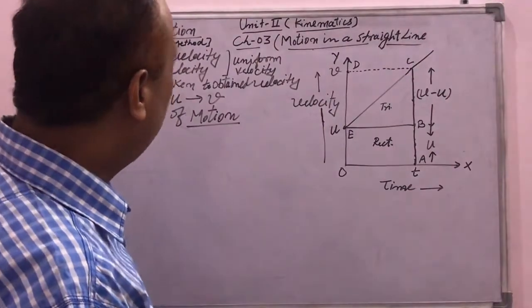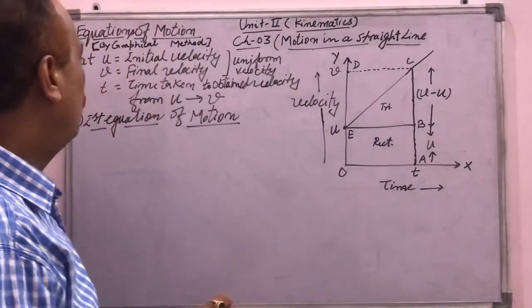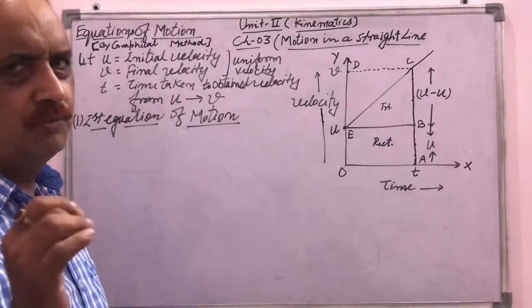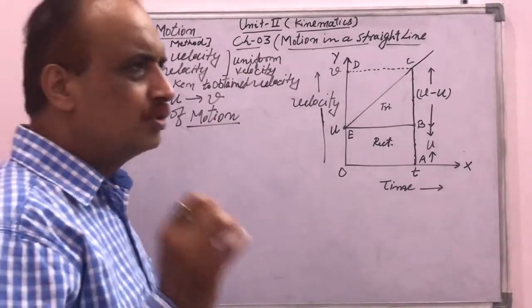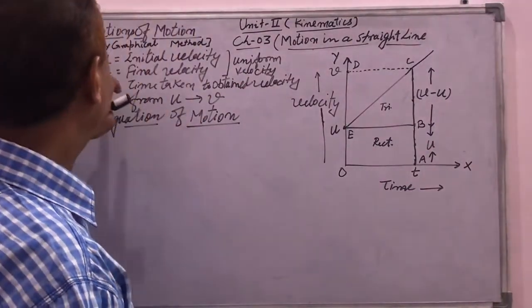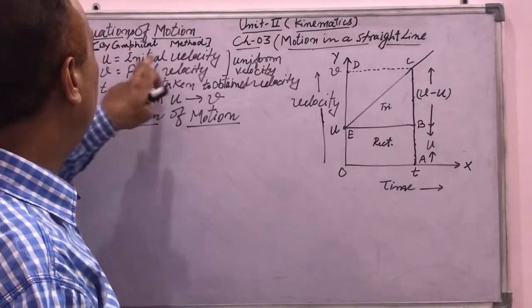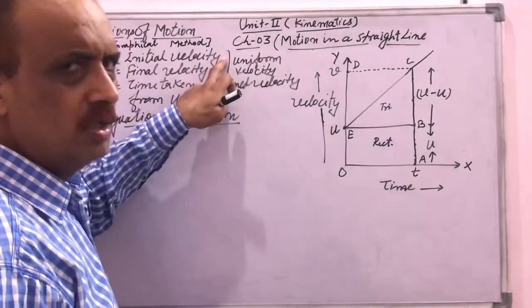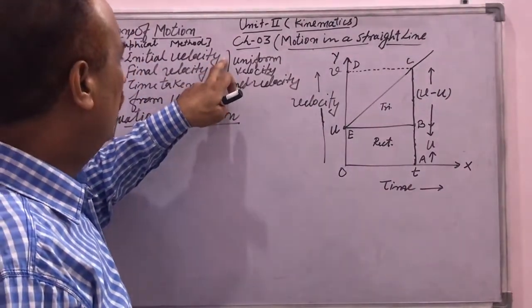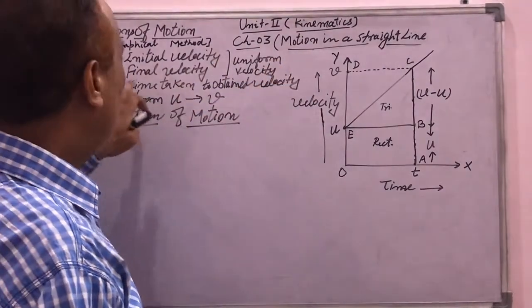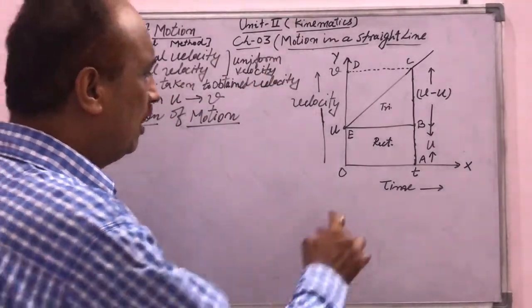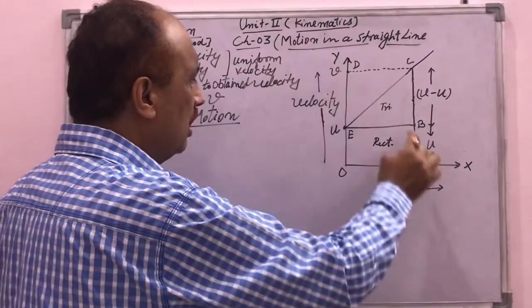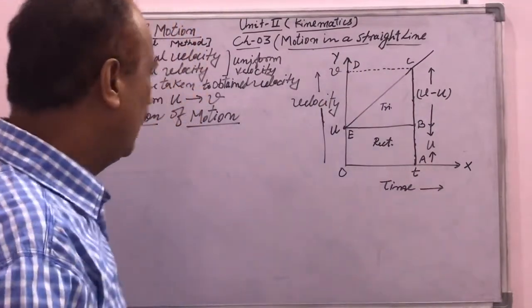So we have to consider here, suppose the body is moving uniformly with the initial velocity u. So let u be the initial velocity of the body moving uniformly along a straight line, and it acquires a velocity v after t interval of time.